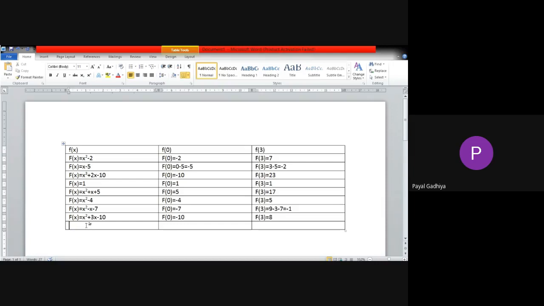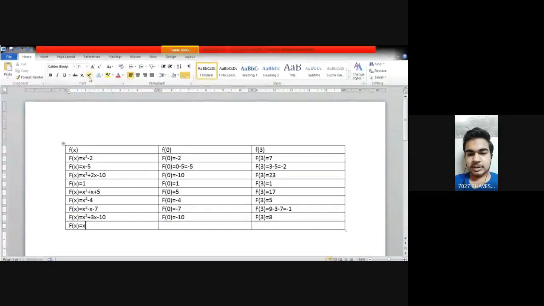Then who is next? After Nikunj, there is Bhavesh. Bhavesh, are you there? Yes, ma'am. On your camera and give one function. f of x is equal to x square minus 3x plus 2.